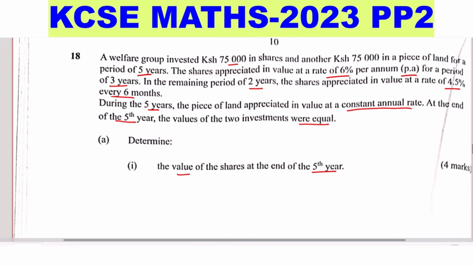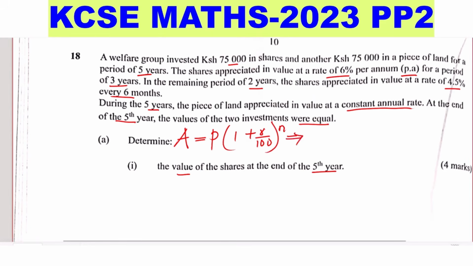So let us first get the amount after 3 years, and you're going to use the formula for appreciation. The amount is given by the principal amount of shares invested, times 1 plus the rate over 100, then everything raised to the power of the period. That is the formula that you're going to use for appreciation.